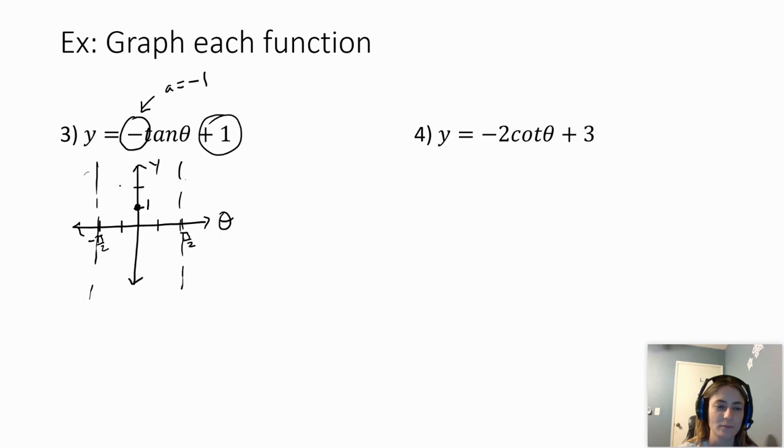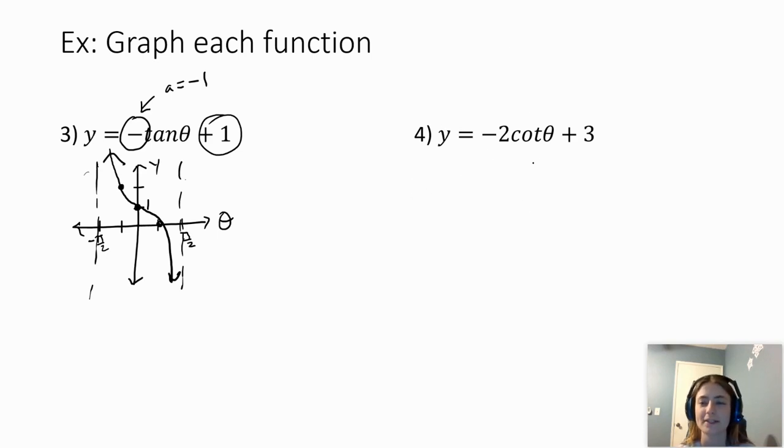So up 1, down 1, and that's what the graph will look like.